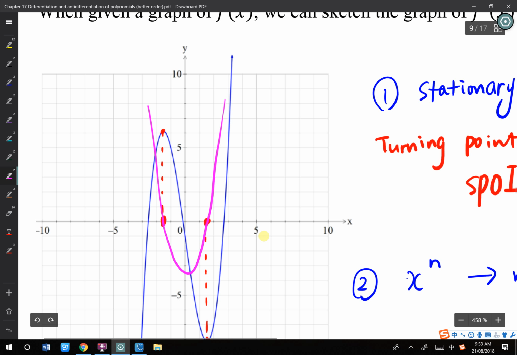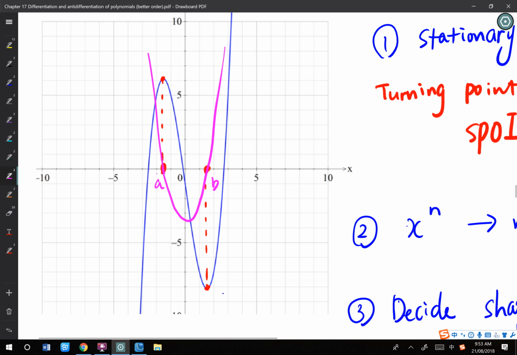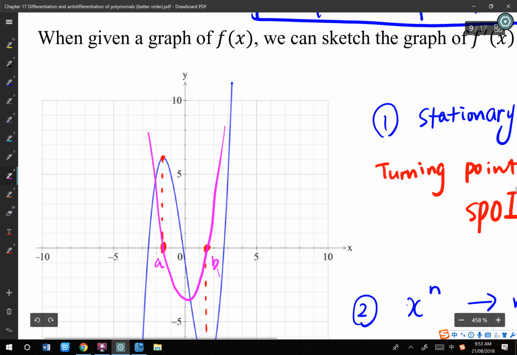Why? Because in between a and b is a decreasing function, so my derivative needs to be negative. And in between b and infinity is an increasing function, so my graph needs to be above the x-axis. And that's the only way I can sketch a quadratic and satisfy all of those conditions.